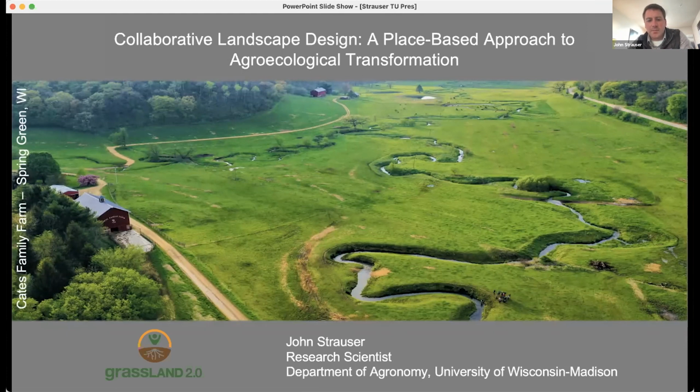Today I wanted to talk about this innovation process we're going through with this Grassland 2.0 project that we call collaborative landscape design. But first, I want to give a little background about myself and my history with the Driftless. My mother is from Platteville, Wisconsin, and graduated from Platteville High School, and actually met my father at UW-Madison.